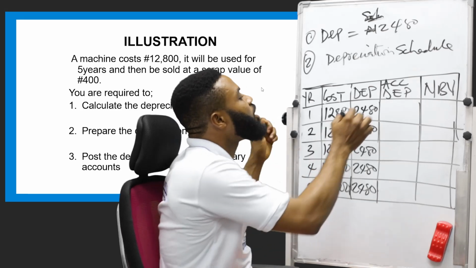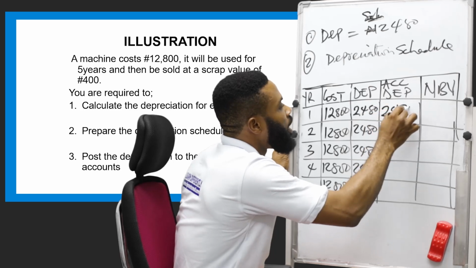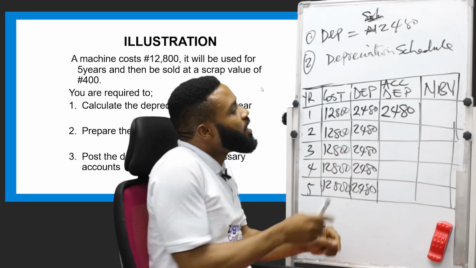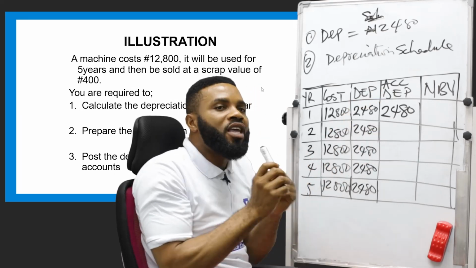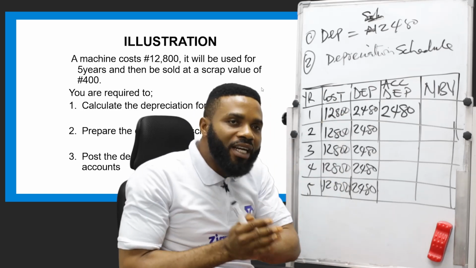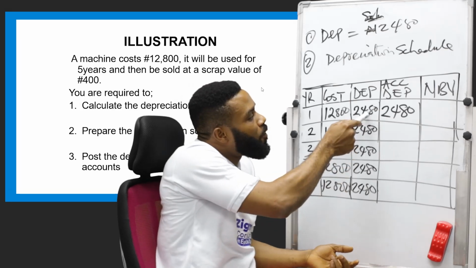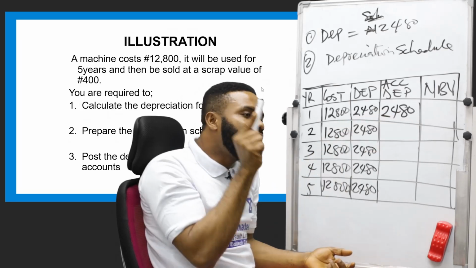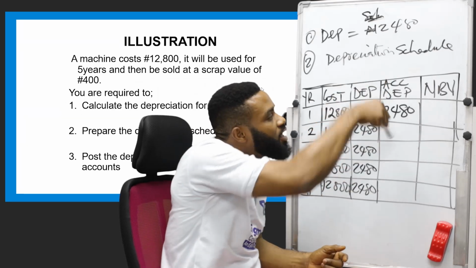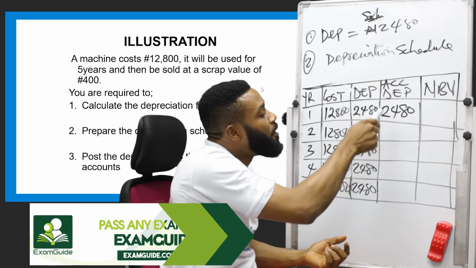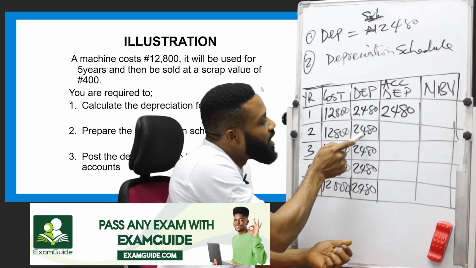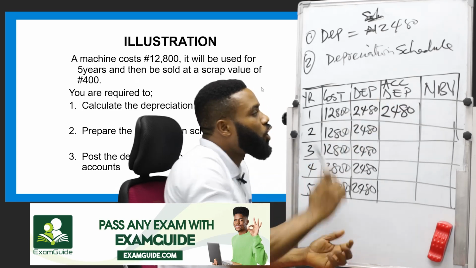So year 1 is always the same. You have 2,480. Year 1 is always the same. And then for year 2, the accumulated depreciation is depreciation of year 1 plus depreciation of the current year. Remember, the depreciation of year 1 is 2,480, and the depreciation of year 2 is the same thing, 2,480. So in the accumulated column, you simply add depreciation of year 2 to depreciation of year 1.